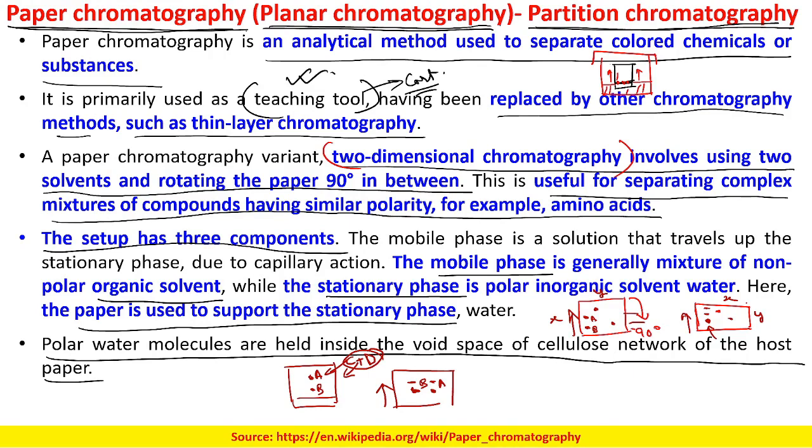Now you have to segregate them based upon a change in the lipophilicity. That can be done when you change the mobile phase. Okay, so in that way, this 2D chromatography helps you in segregating analytes from complex mixtures.